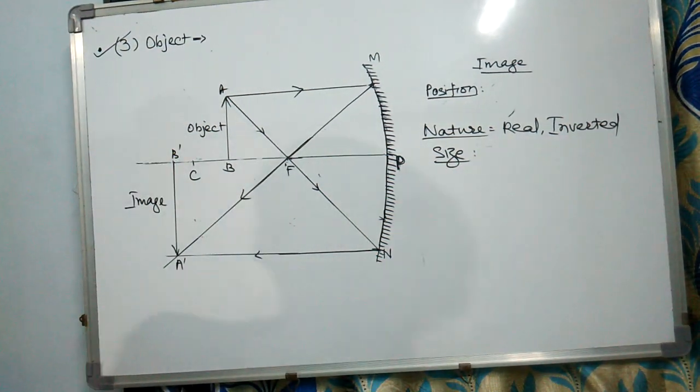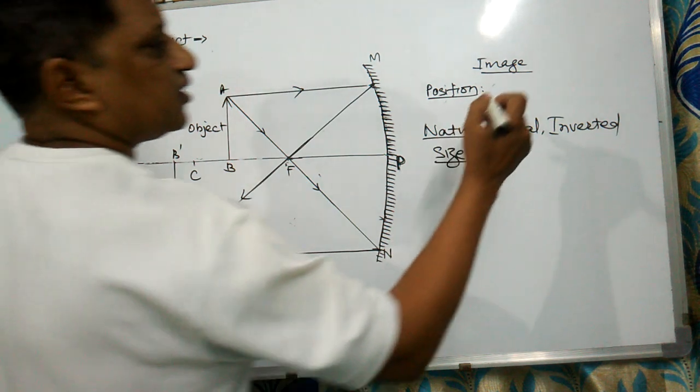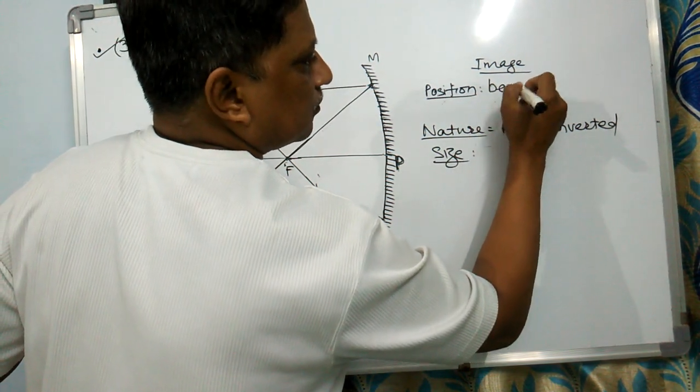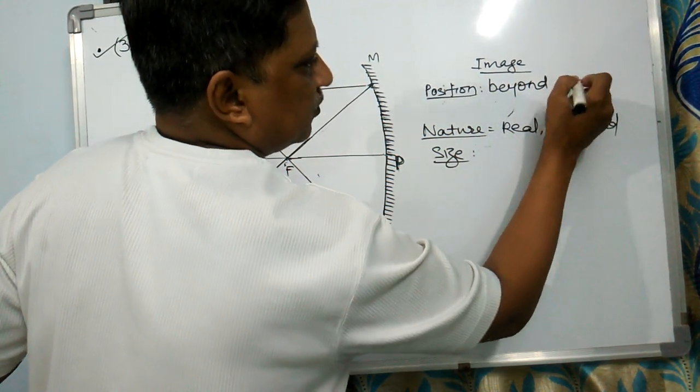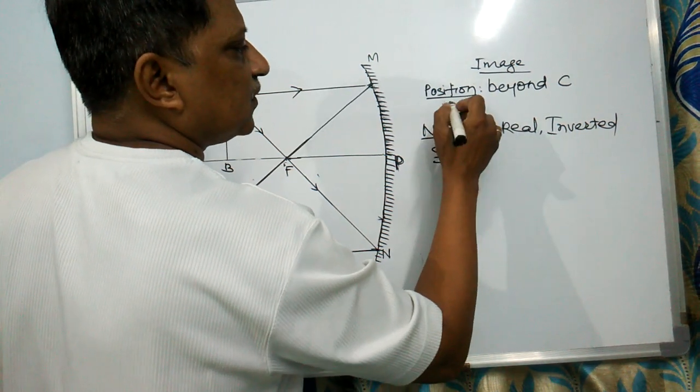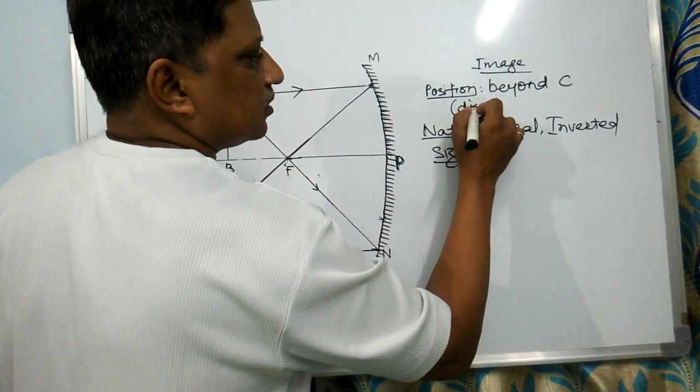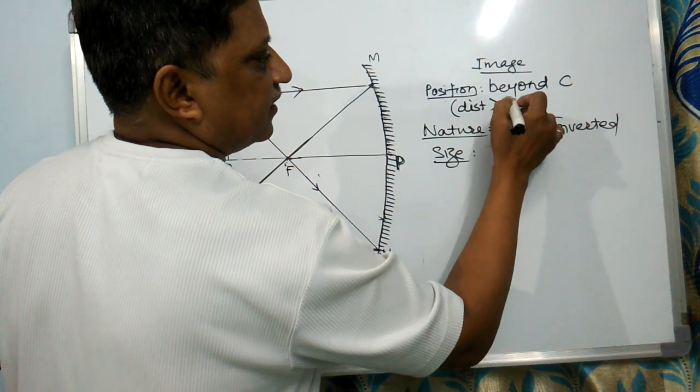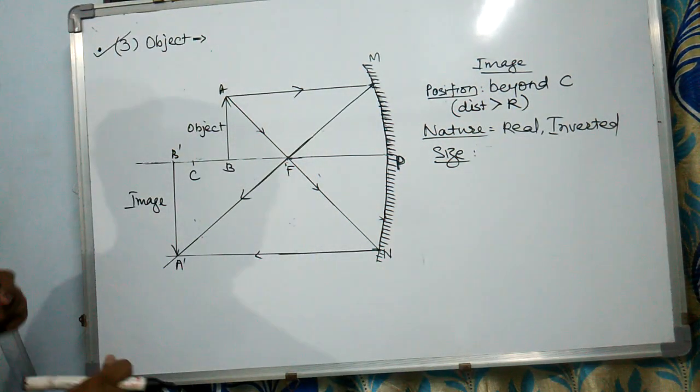So what is the position of the image? It is beyond the center of curvature, beyond C, or at a distance more than the radius of curvature.